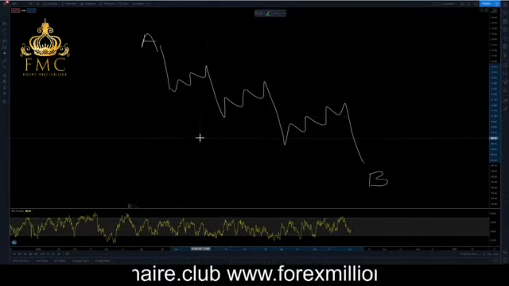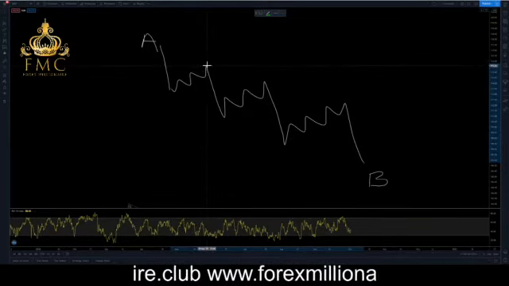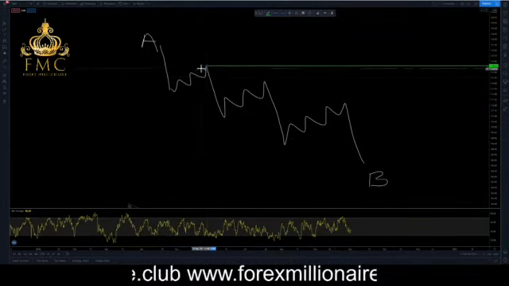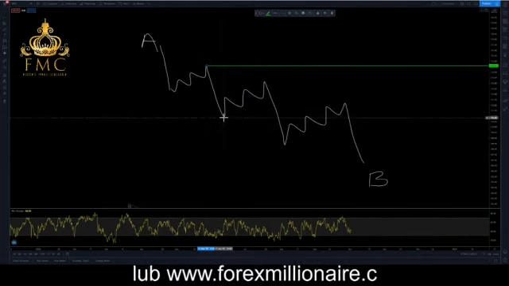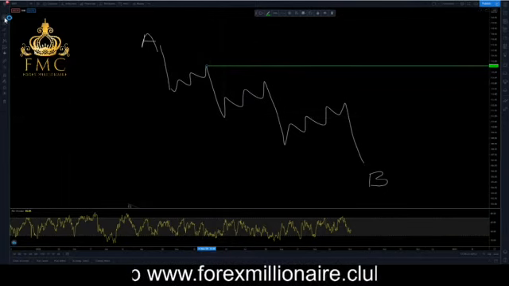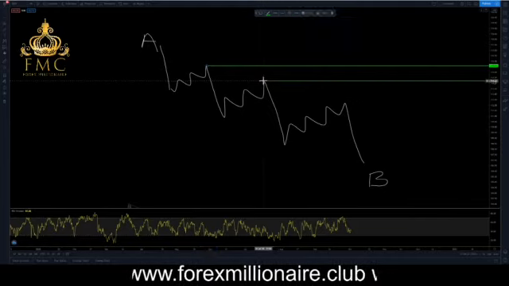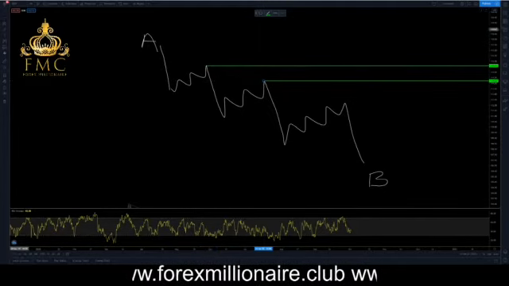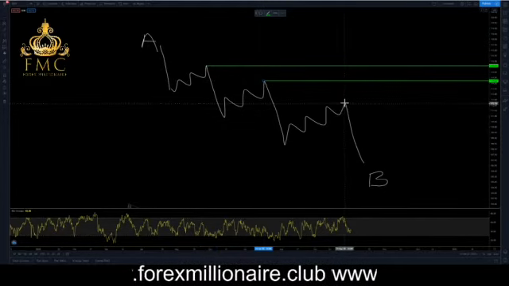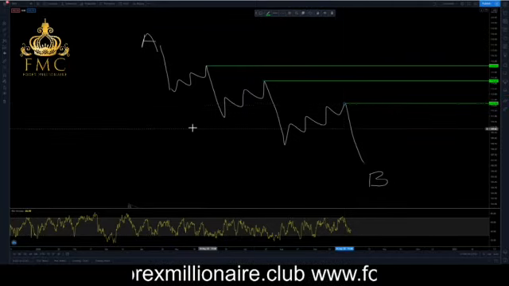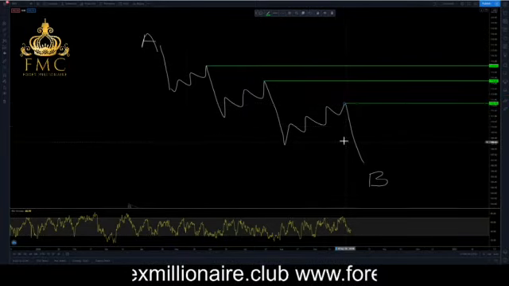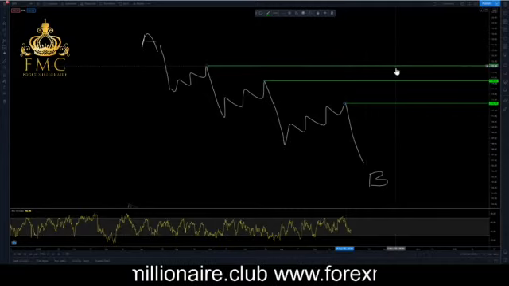Where would the sellers be essentially? The sellers would be here, because they brought that market down from that impulse. So we would mark all these levels where the market has finished the correction. In total, we have 3 corrections. We have 3 supply levels.